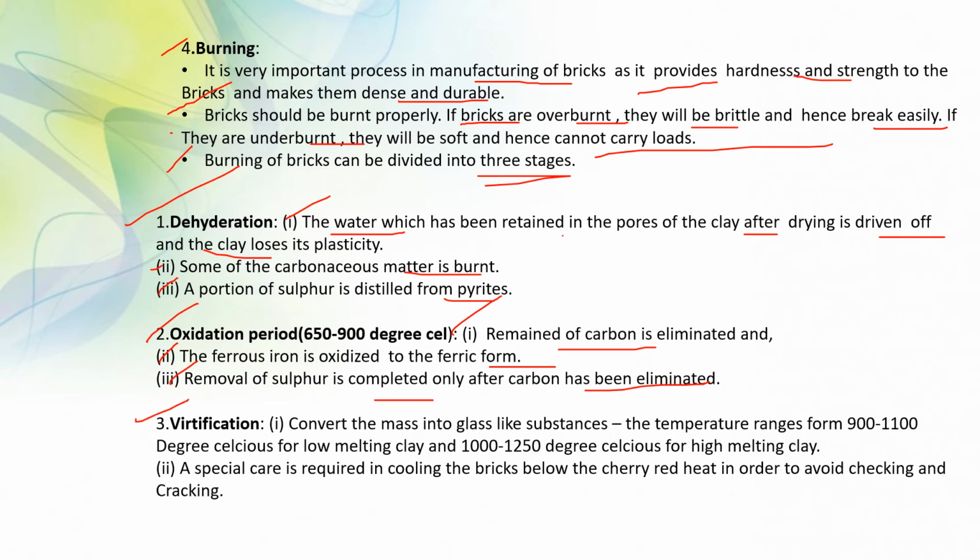Number 3, vitrification. Number 1, converts the mass into a glass-like substance. The temperature ranges from 900 to 1100 degrees Celsius for low melting clay, and 1000 to 1150 degrees Celsius for high melting clay.